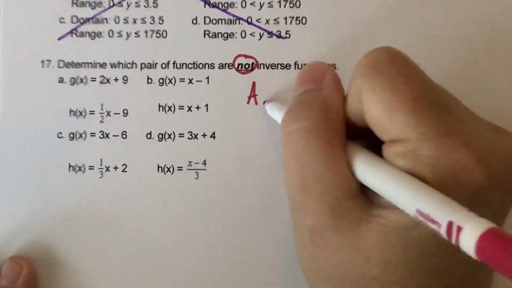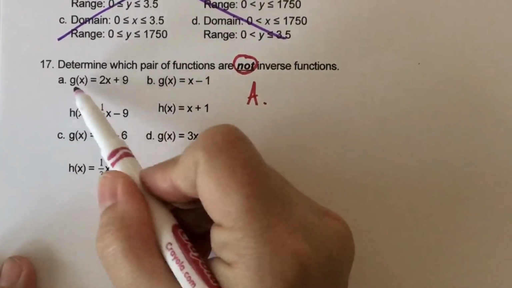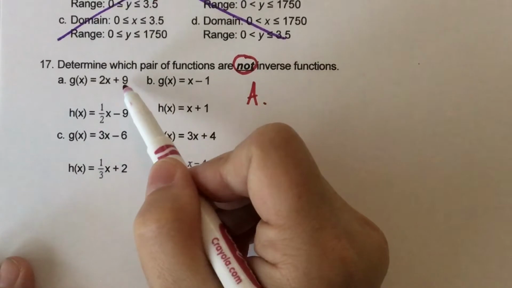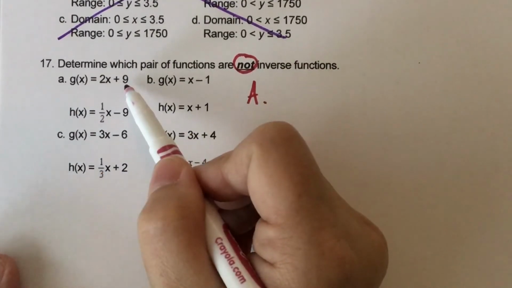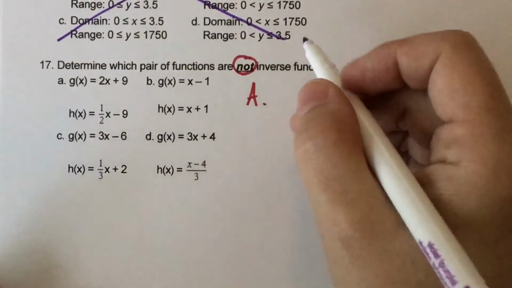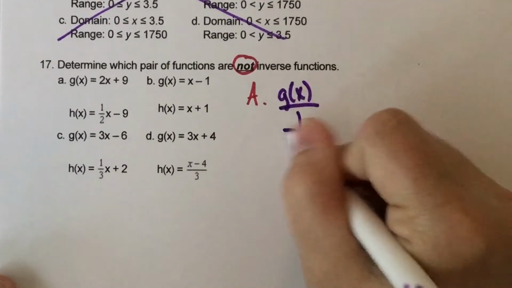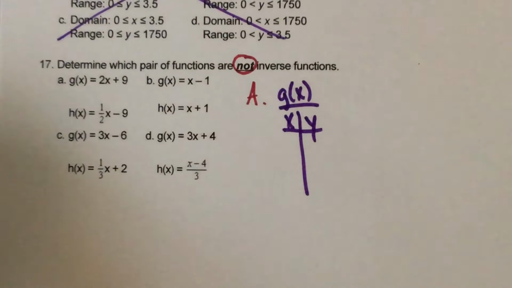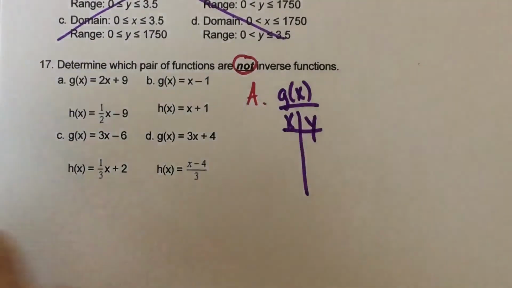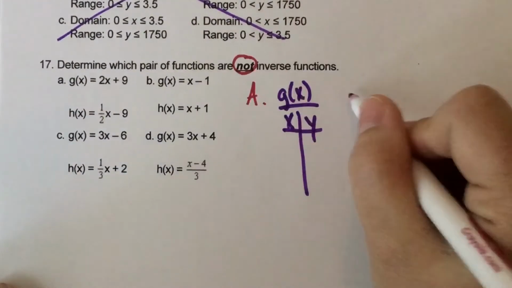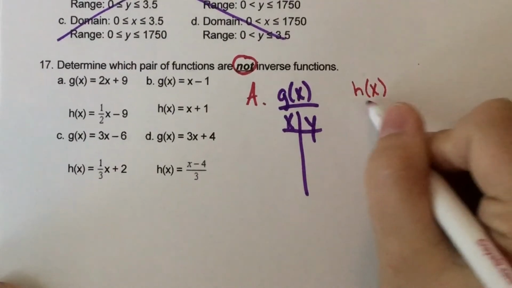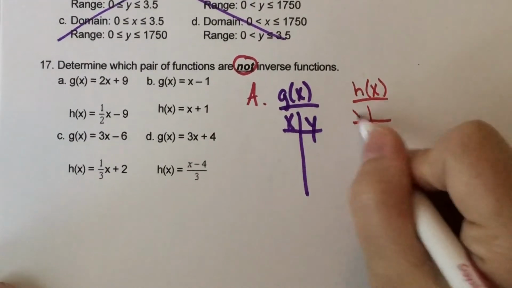Okay, so answer choice A. I'm going to put g of x equals 2x plus 9 in the graphing calculator and take a look at its table. Then I'm going to put h of x in the calculator and look at its table.